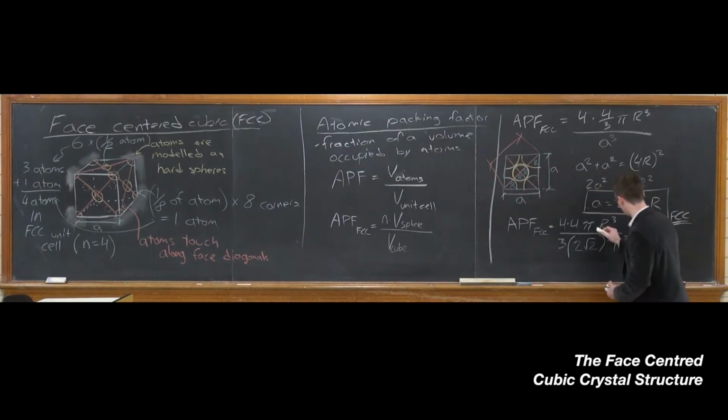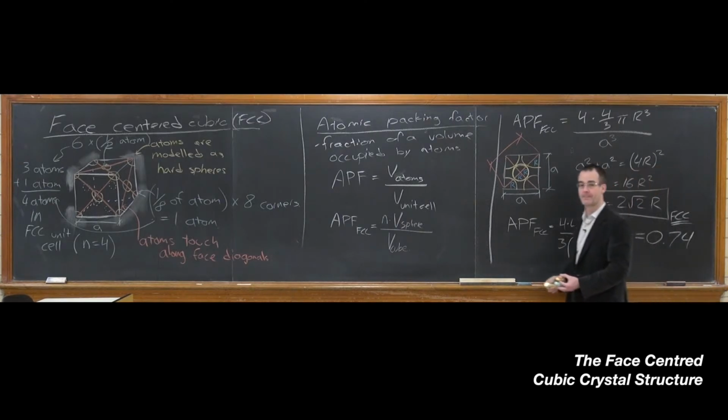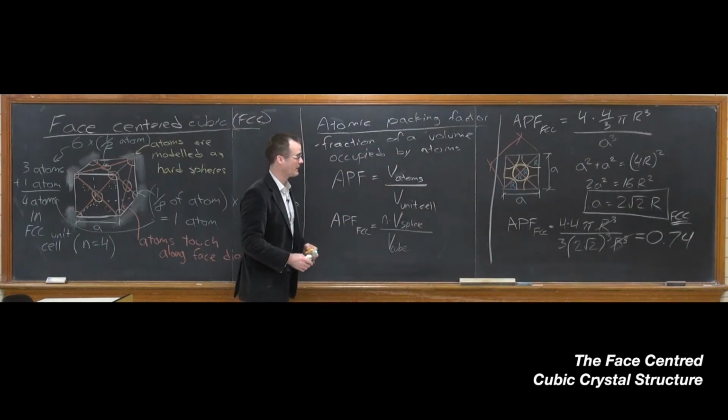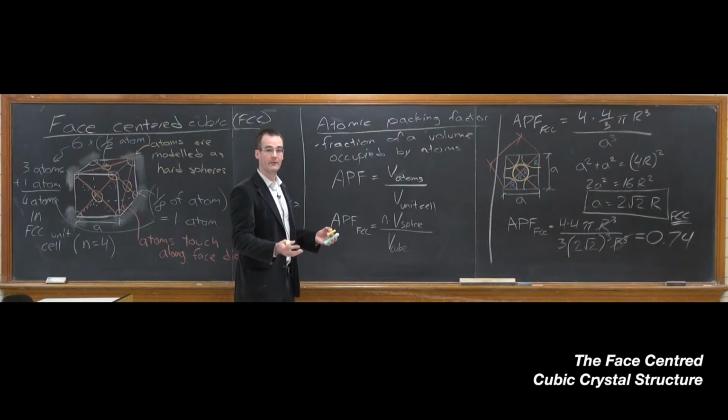And you can clearly see that we're going to be able to cancel out the R's. And if you do a little massaging on this number and work it out, and I'll leave you guys to do that on your own, you come up with the atomic packing factor, which is 0.74. So that tells us that 74% of a volume can be occupied by atoms. No more than that, in fact.